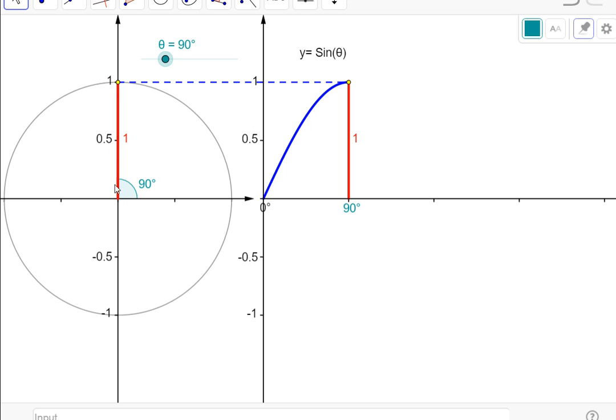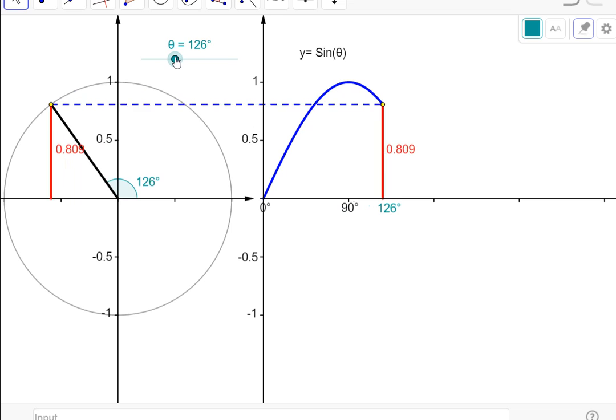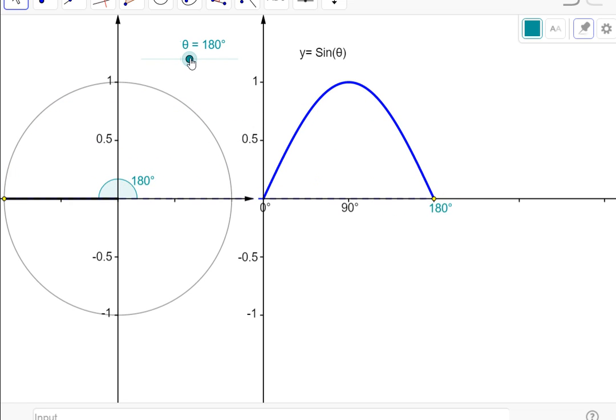Our y component in our unit circle is just 1, and our sine function is just 1. So we can play around with this and get all of the different values that we have gotten used to getting out from the sine function. And we can see if we go through 180 degrees, sine is 0, just like it is when we have sine of 0 degrees. So that is what we've got for our sine function.